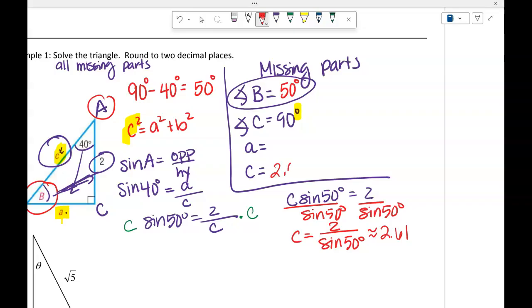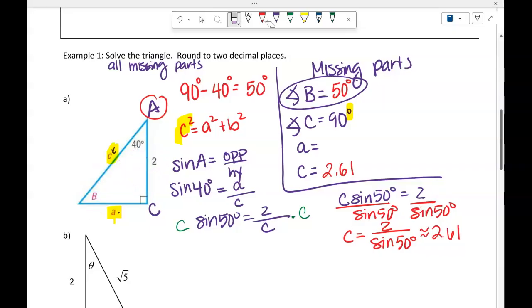So C is 2.61. Now let's do the same thing for A, okay? So remember, your A leg is missing, but I have this opposite leg. If you think about this, you can use angle B or angle A, it doesn't matter. Remember, this is 50 degrees. So I have opposite of 50 is 2.